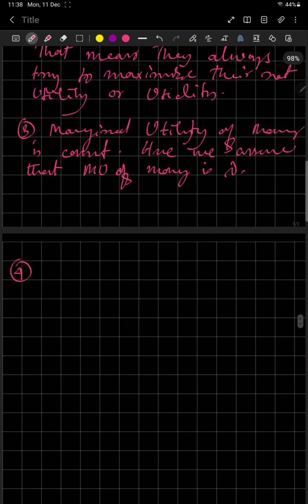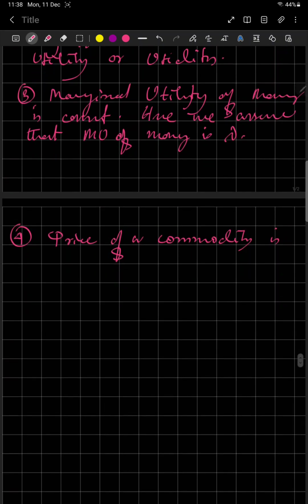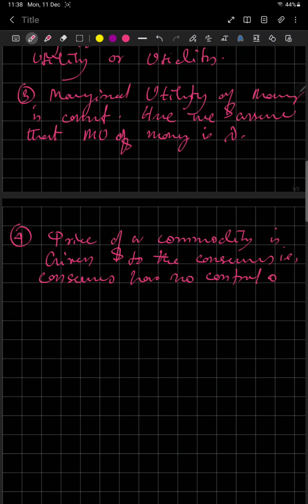Now fourth assumption, price of a commodity is given to the consumer, that is, the consumer has no control over the price of a commodity.